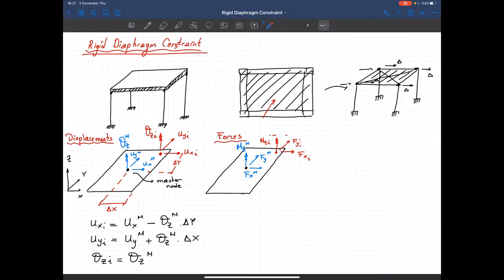Let's take a look at the forces. So sum of forces in the x direction must be equal to 0. So this tells me that Fxm must be equal to Fxi. Sum of forces in the y must be equal to 0.